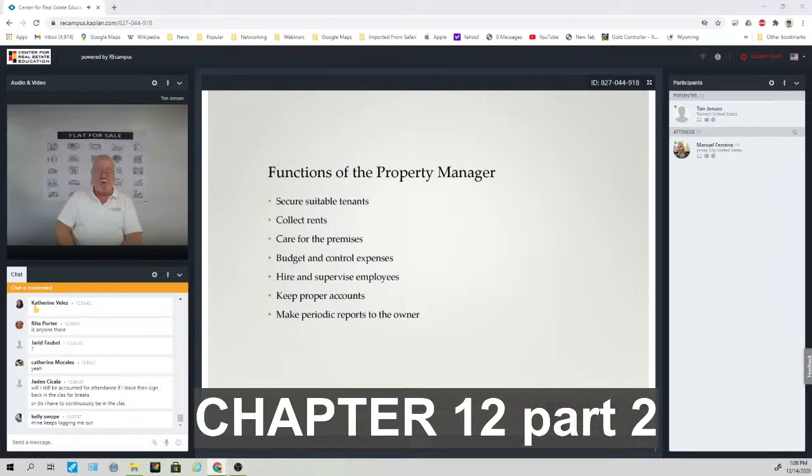They have to do market research to determine what rents to charge, what would be appropriate for this building to charge as rent. And then when they do attract tenants, they have to screen them, right? Do background checks, check previous landlords and employers, run credit checks, and if they're deemed appropriate, have them sign leases, then do a check-in procedure.